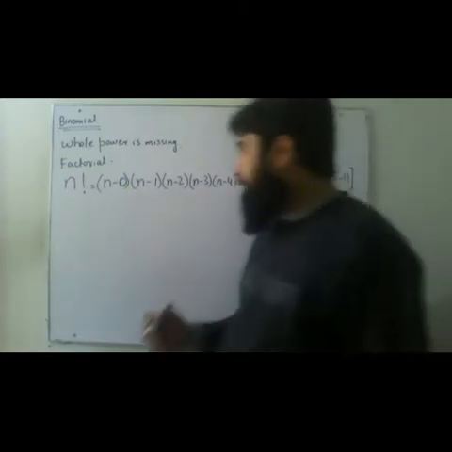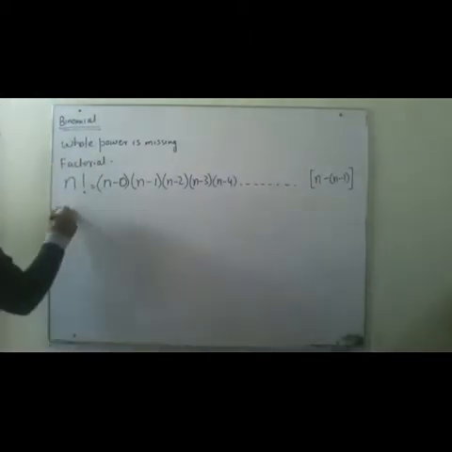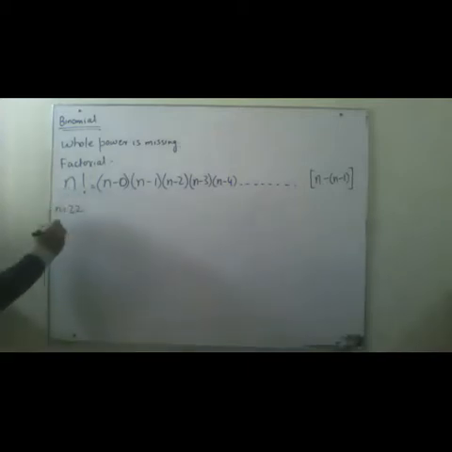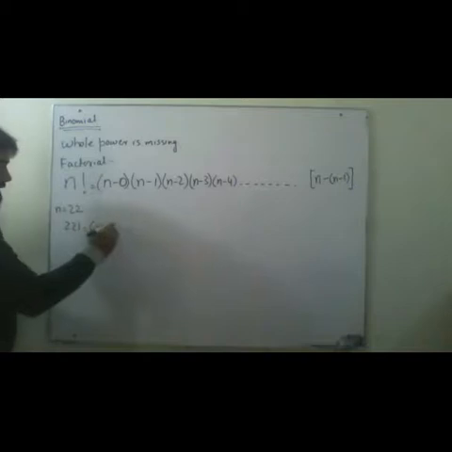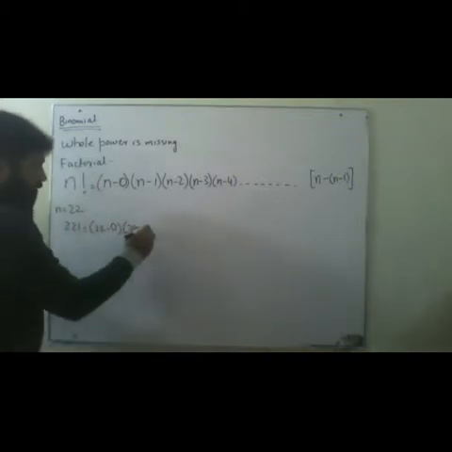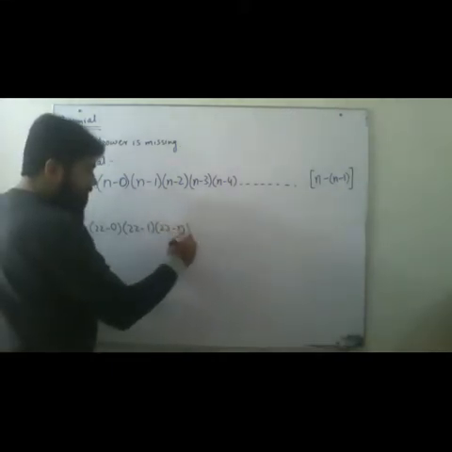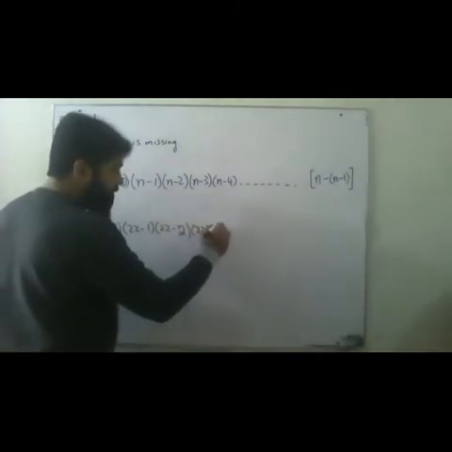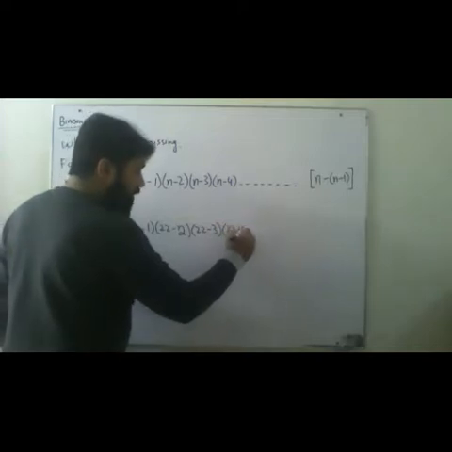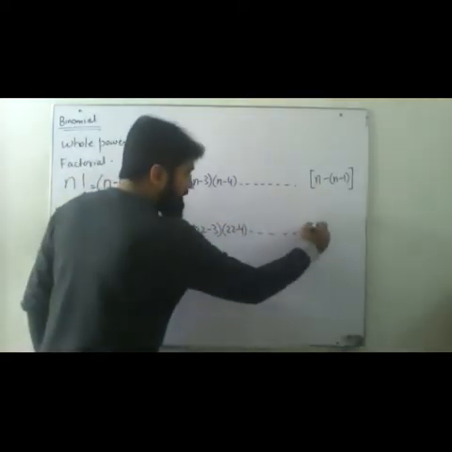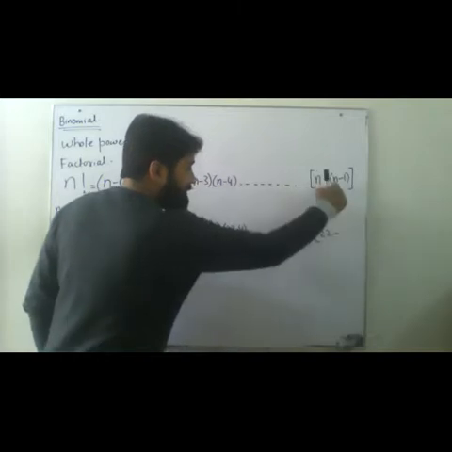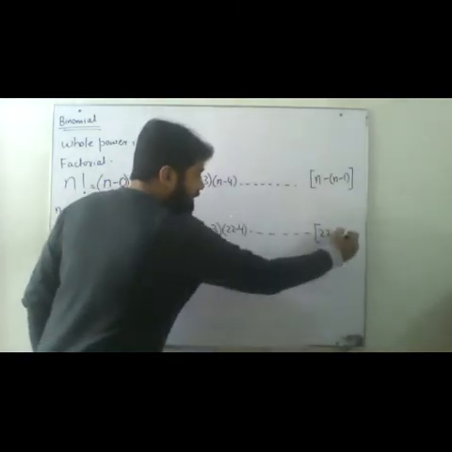Now, for instance, if I am saying that the value of n was 22. So, what will happen? This will become 22 factorial. This will be 22 minus 0, 22 minus 1, 22 minus 2, 22 minus 3, 22 minus 4, until the last one will be 22 minus 1, which will become 21.